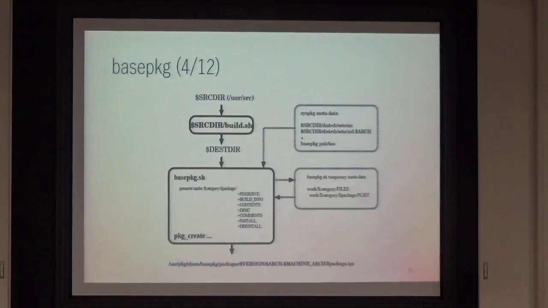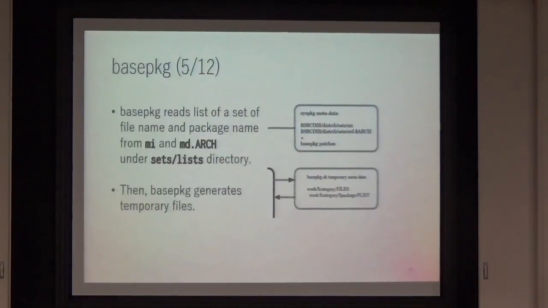This video shows base package processing internals. Firstly, base package lists a set of file names and package names from mi and md, and sets lists directories. Then, base package generates temporary files named files and plist.